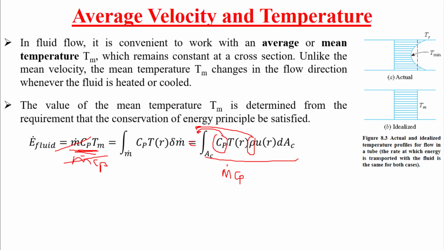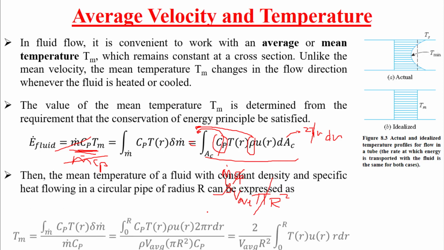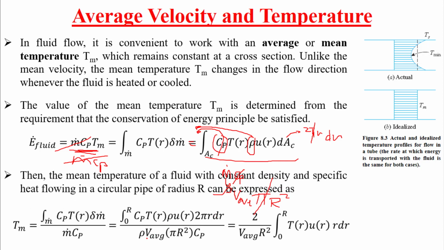And instead of writing m dot, what can I write? I can write rho V averaged, multiplied by the cross-sectional area, which is pi r squared. Now Cp cancels out with Cp. The cross-sectional area is equal to 2 pi r dr, so pi cancels out with pi.